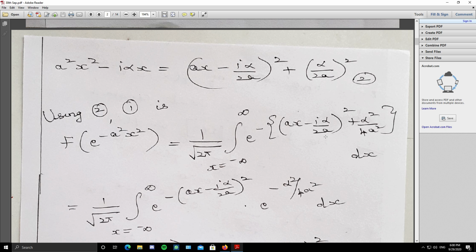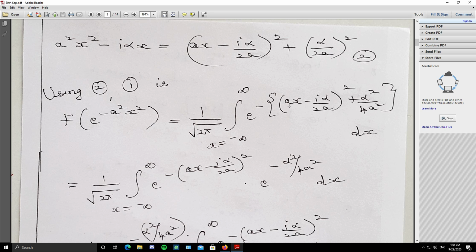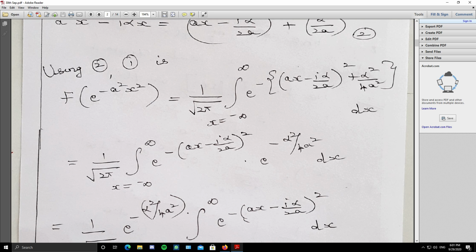Then it is split into 2, e power minus ax minus I alpha by 2a the whole square into e power minus of alpha square by 4a square. This exponential term is split into two exponentials, that is e power minus of ax minus I alpha by 2a the whole square into e power minus alpha square by 4a square.